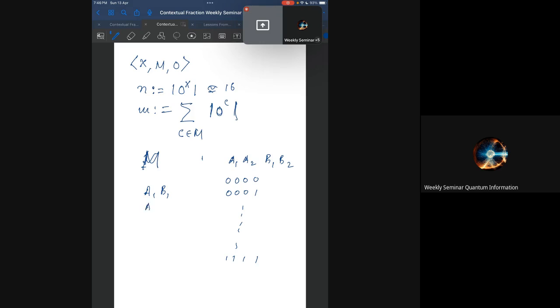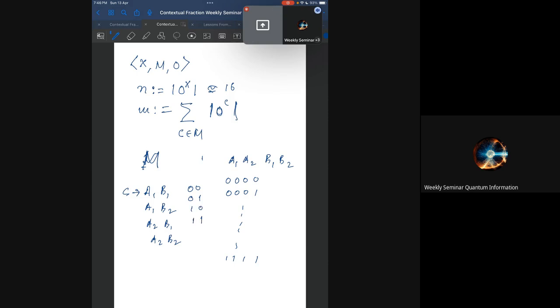Again, your context is A1, B2. Your context is A2, B1. And your context is A2, B2. Then O_C means outcomes of the set C. Let's say this is my C set. Then O_C is what? 0, 0, 0, 1, 1, 0, 1, 1, right?